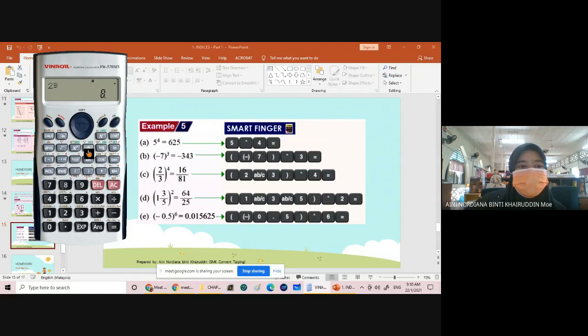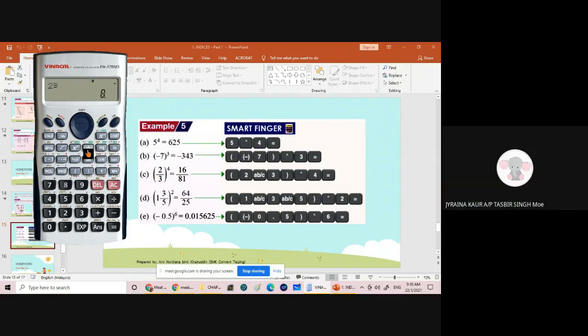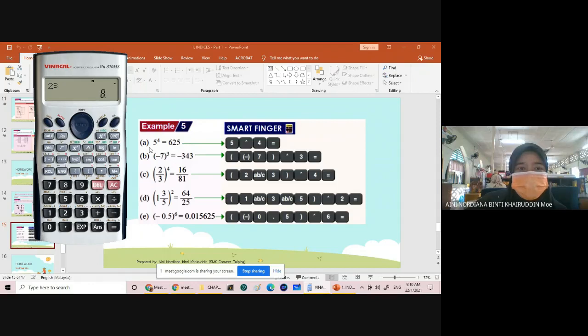I'll show you. This is the button for power. Can you see my calculator, girls? Yes, teacher. Okay, let's say you want to calculate the value of 5 to the power of 4. So press 5, the power button, and then 4, then equal. The calculator will give the answer 625 here.